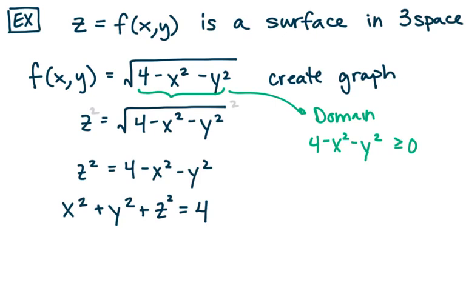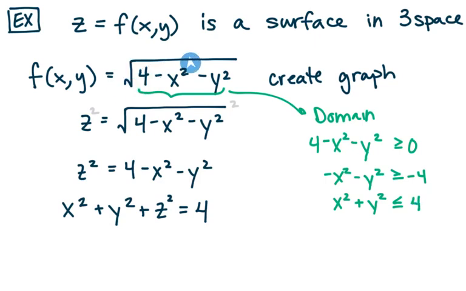Or rather, negative x squared minus y squared is greater than or equal to negative 4. Dividing by the negative, x squared plus y squared is less than or equal to positive 4. So we know that our x and y points have to be inside this circle of radius 2.